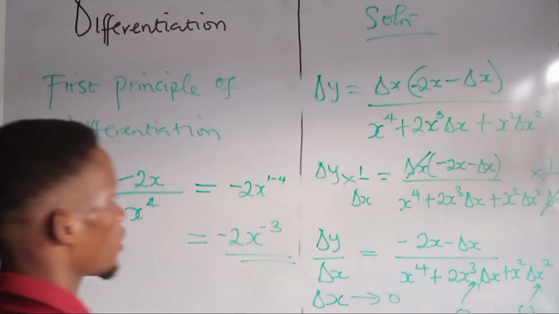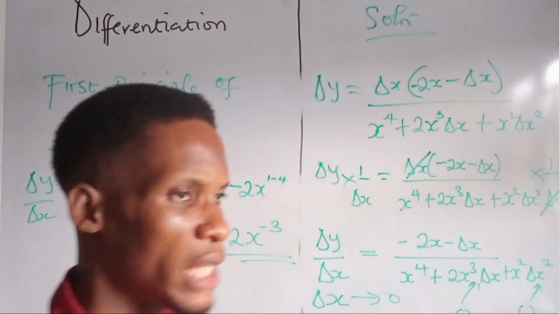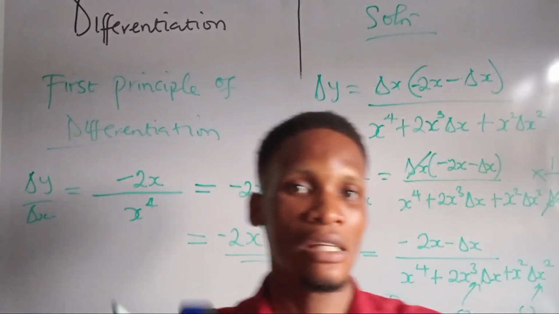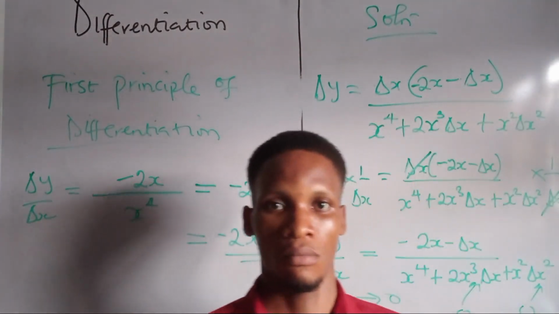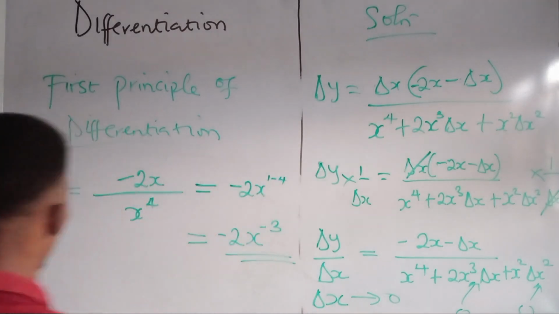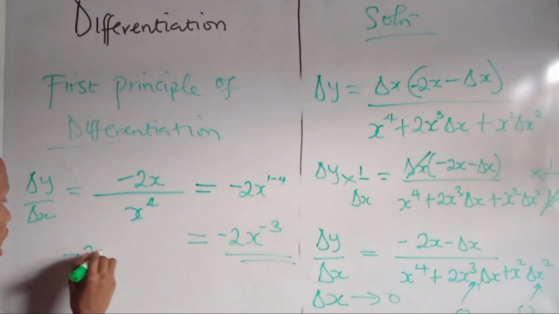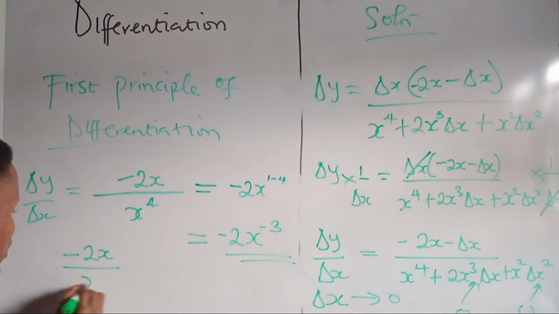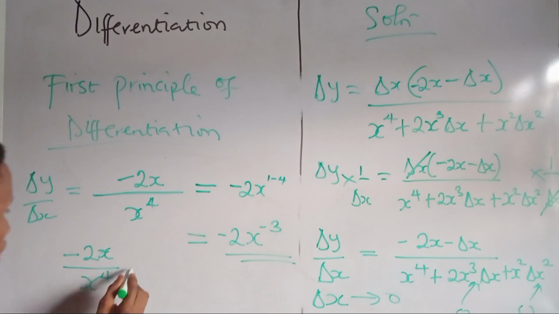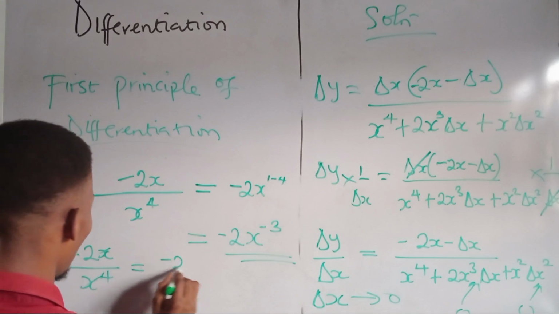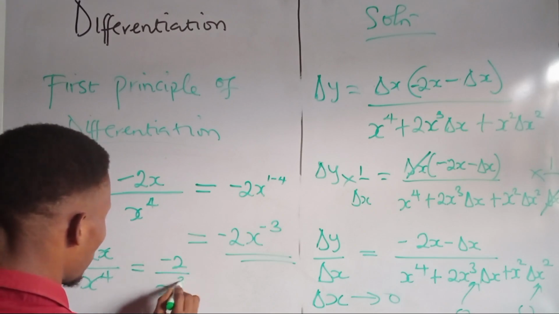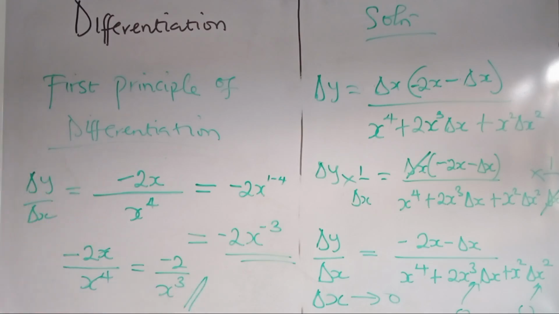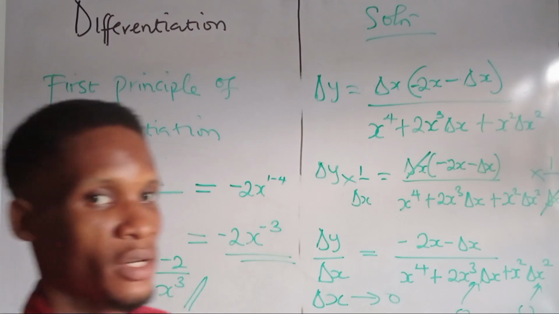And this is the answer. That's what we got when we solved that. Then remember that time I told you it's either in this form or it's in division form. So if it's going to be in division form, we'll be having minus 2x all over s raised power 4, where we can remove one x here against this, it will remain minus 2 all over s raised power 3. And that's what we got that time. Do you understand?